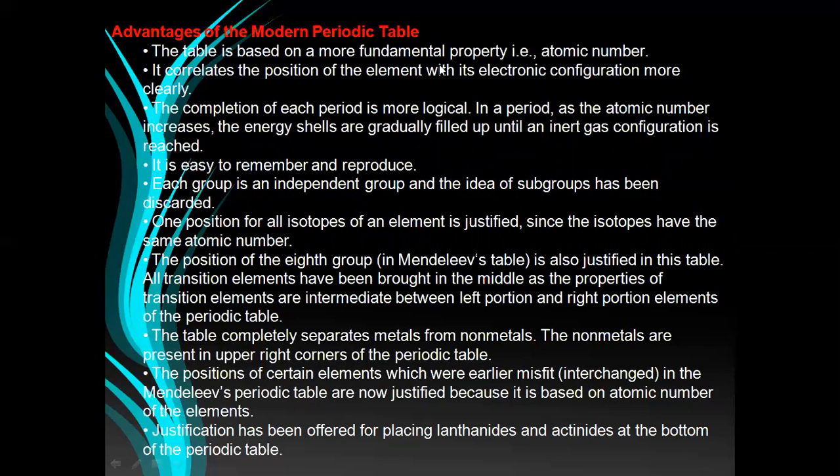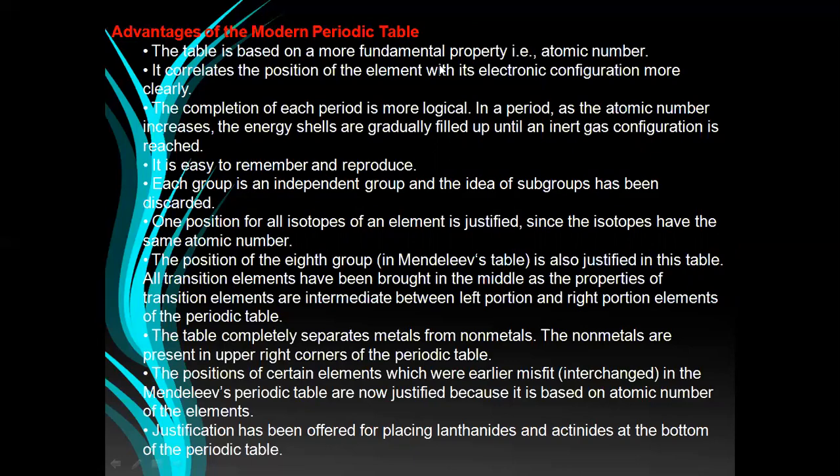So the modern periodic table is based on the fundamental property, atomic number. It also correlates the position of an element with its electronic configuration.